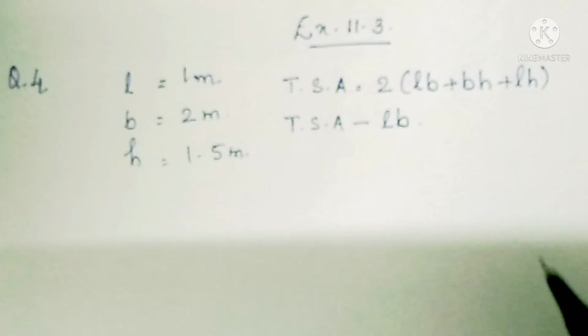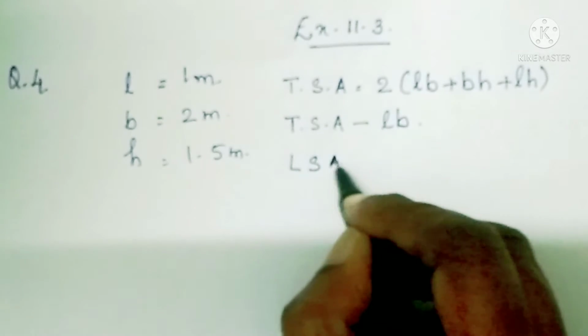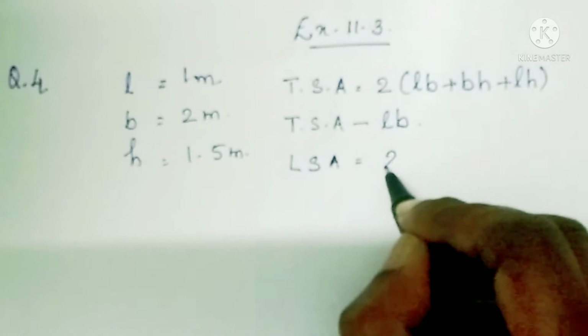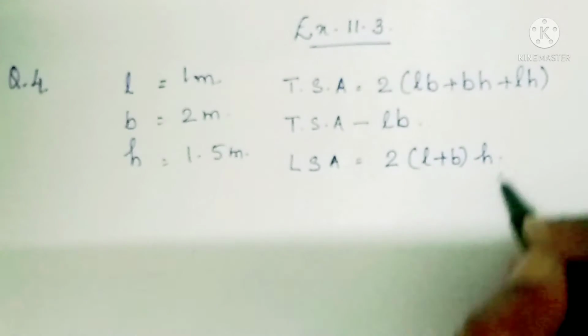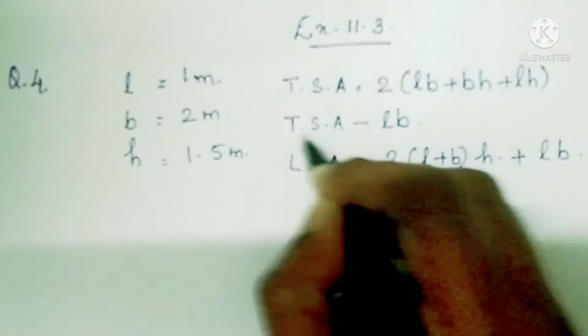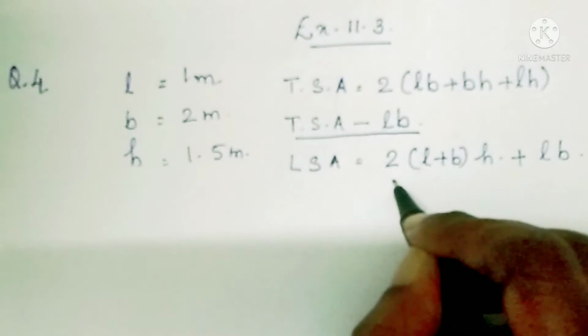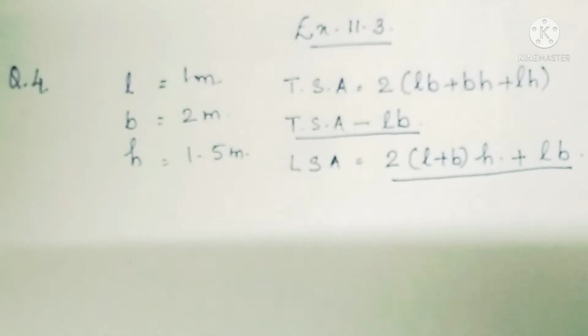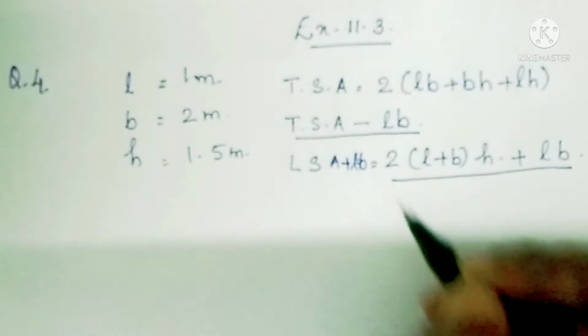Or else if you want, you can also do the lateral surface area plus the top surface area. What is LSA of a cuboid? Lateral surface area is 2 into (L plus B) into H, plus LB. So either you can use total surface area minus LB, or you can use lateral surface area plus LB. So these two ways you can do it.